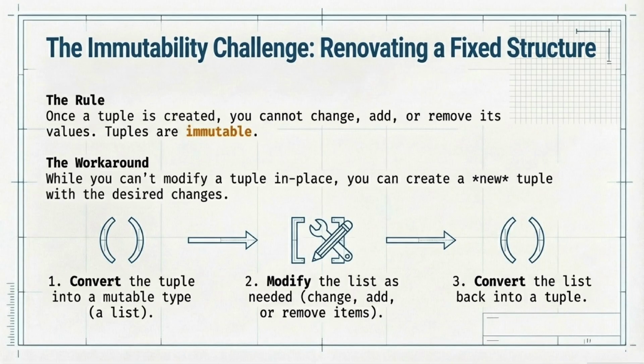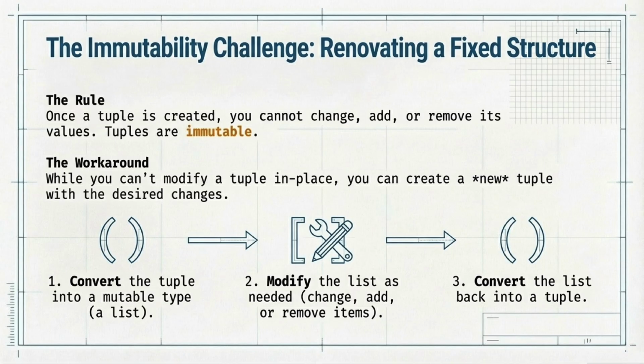This is typically done by first converting the tuple into a mutable data type such as a list, making the necessary change to the list, whether updating values, adding new elements or removing existing ones, and then converting the modified list back into a tuple. In this way, although the original tuple remains unchanged, a new tuple reflecting the updates can be created and used.